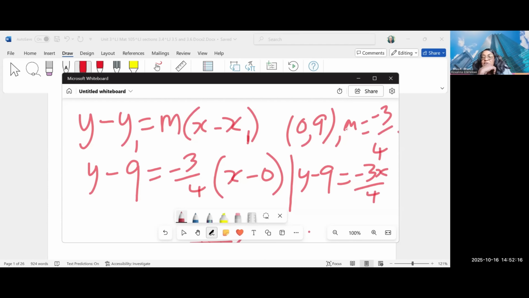Then you want to isolate y so that the equation will be in slope-intercept form. So y is equal to negative 3x over 4, and when negative 9 goes to the right, it becomes positive. So the equation is y equals negative 3x over 4 plus 9. That is the equation of the line.